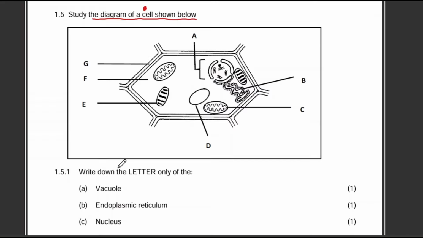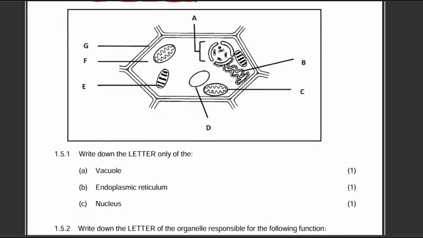So write down the letter only. I need to speak about this type of question guys because it's very important, and this is how it's tested from grade 10 up until matric. Now you need to look at these questions, especially when you are given a diagram. They can ask you to write down a letter only. Sometimes they ask you to just write down the letter. Sometimes they ask you to write down the name.